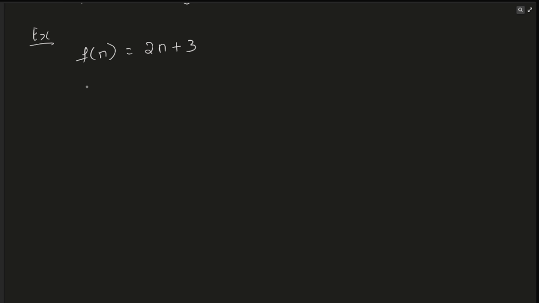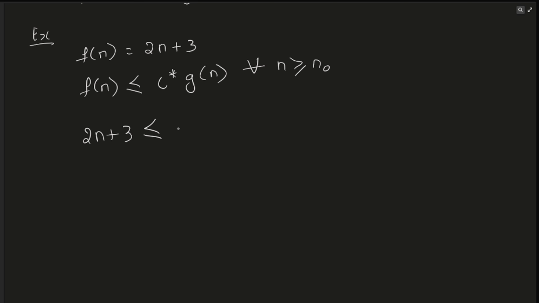As per the definition, f of n should be less than or equal to c into g of n for all n greater than or equal to n naught. We know f of n, that is 2n plus 3, is less than or equal to something.